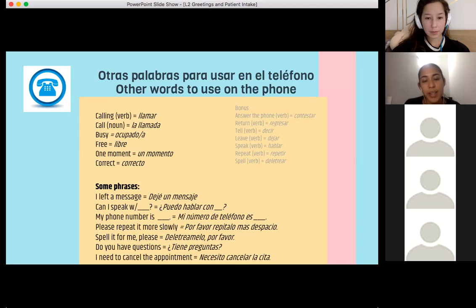Por favor, repítalo más despacio. Spell it for me, please. Deletréamelo, por favor. I know that one's a little tongue twister, but deletréamelo, por favor. Do you have questions? ¿Tiene preguntas? I need to cancel the appointment. Necesito cancelar la cita.